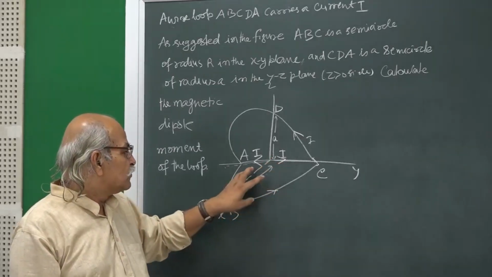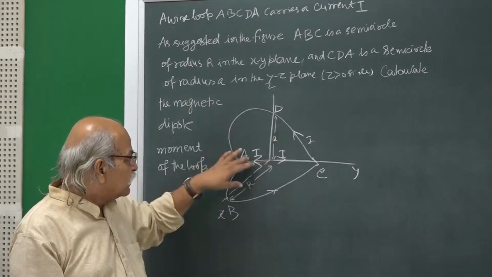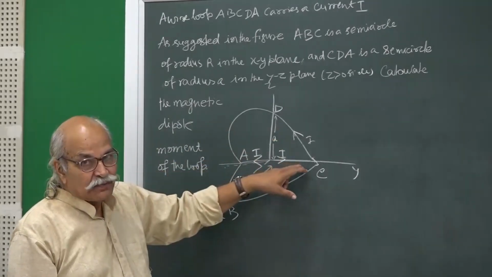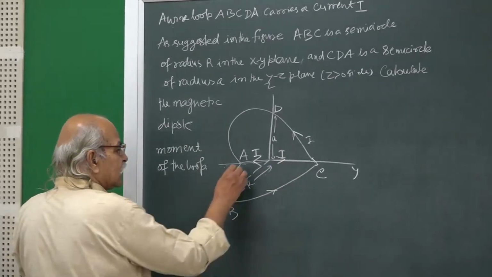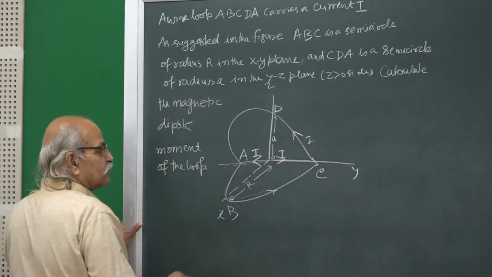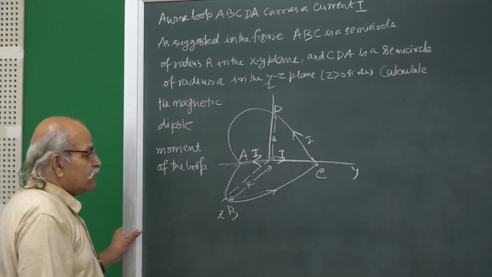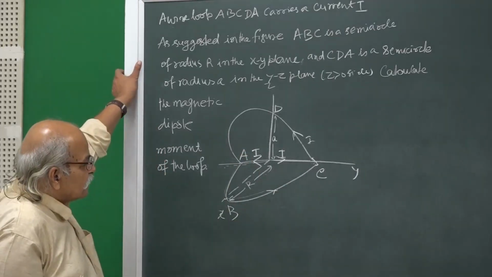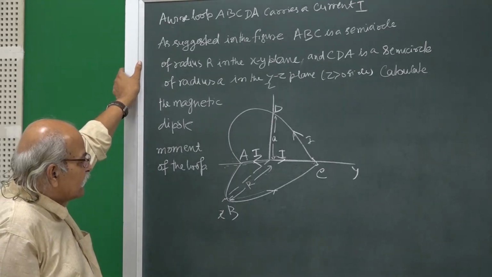So if you look at this closed loop, it has two parts: one part is ABCA, and the other part is CDAC. You can write the magnetic moments of the two parts and then add.